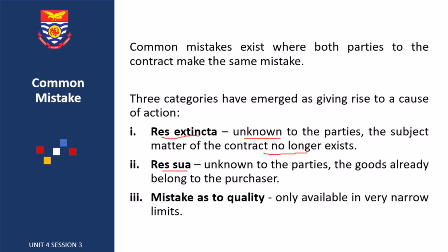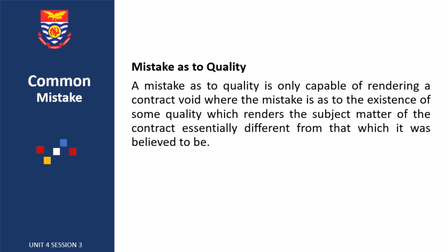We also have mistake as to quality, only available in a very narrow scenario or limit. So we are looking at mistake affecting the quality of the subject matter. A mistake as to quality is only capable of rendering a contract void where the mistake is as to the existence of some quality which renders the subject matter of the contract essentially different from that which it was believed to be.